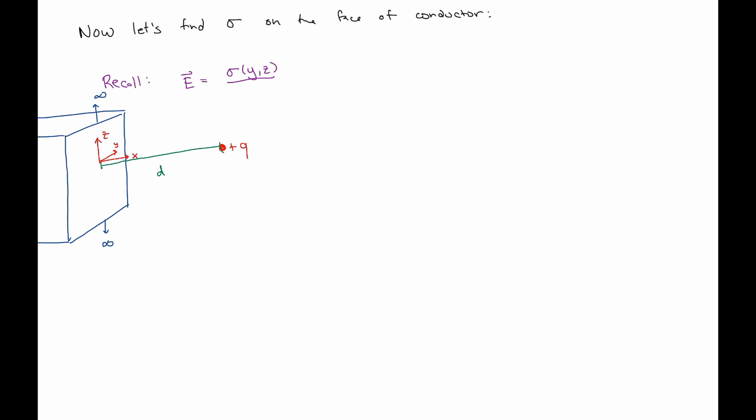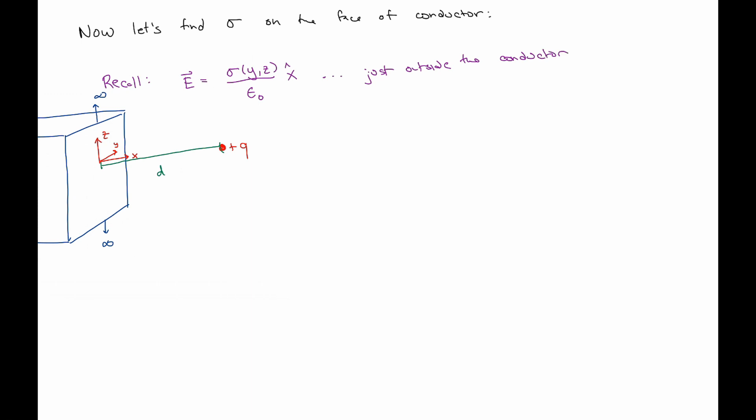So we know the electric field is going to be that surface charge divided by epsilon naught. In this case, it's going to be in the x hat direction. Since we've induced some negative charge, it's probably going to be in the negative x hat direction, but we'll figure that out by actually solving for it being negative or positive. This is true just outside the conductor.